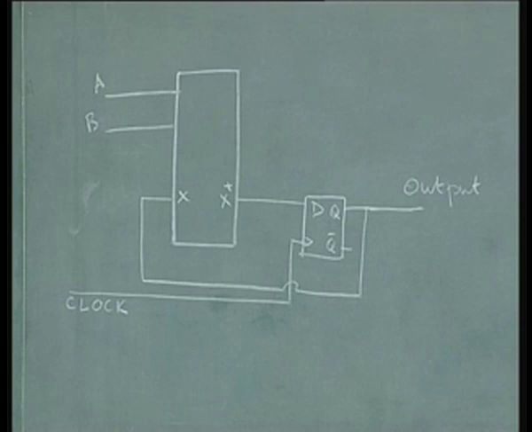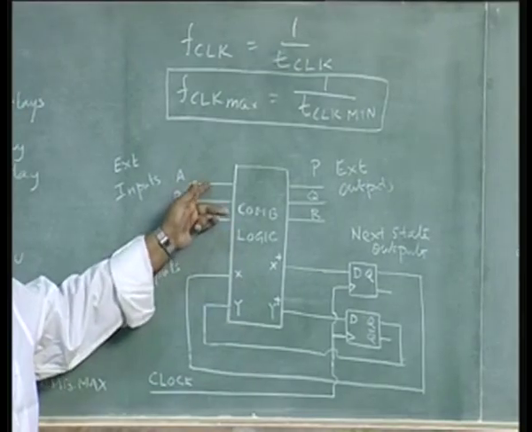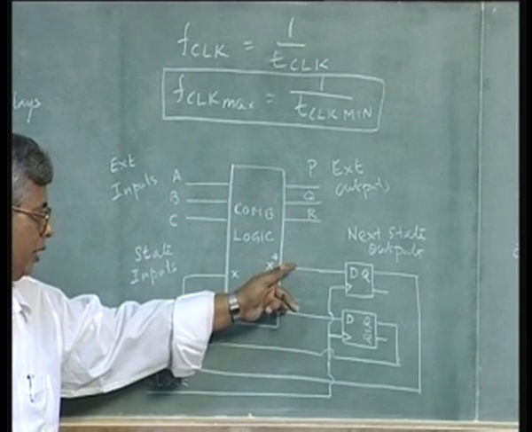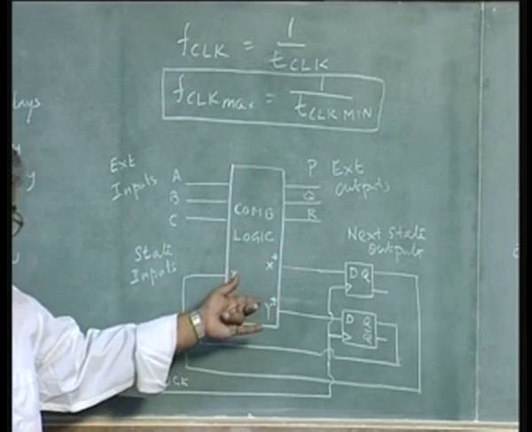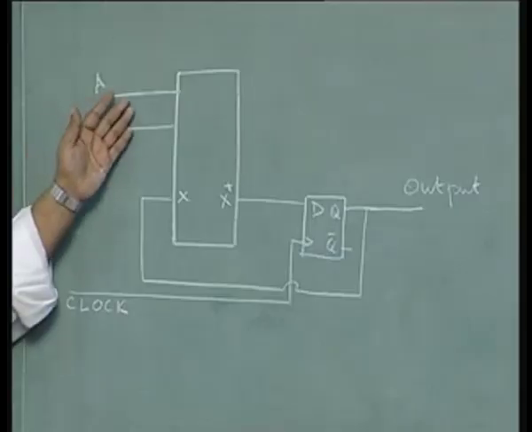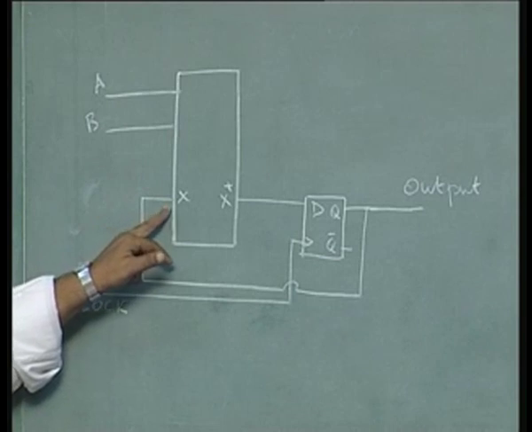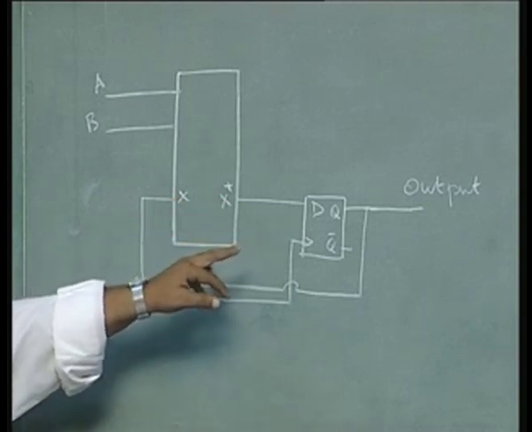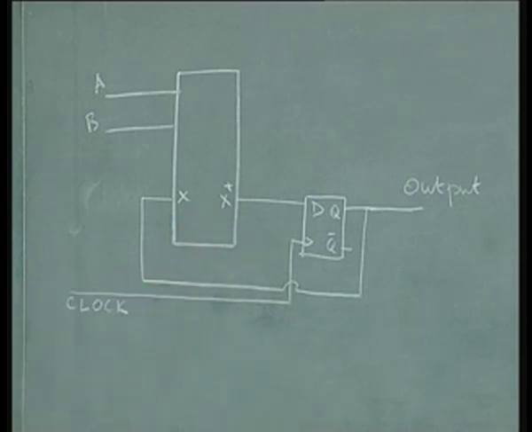In one, the state input and the present input decide a set of external outputs and a set of next state outputs. That is one case. In the other case, the combinational inputs and the present inputs decide the next state output, which also determines the output of the circuit. This variation is called a Moore circuit.